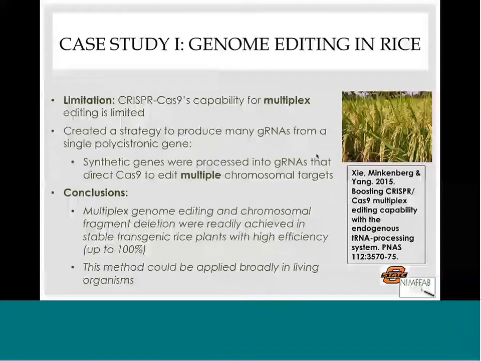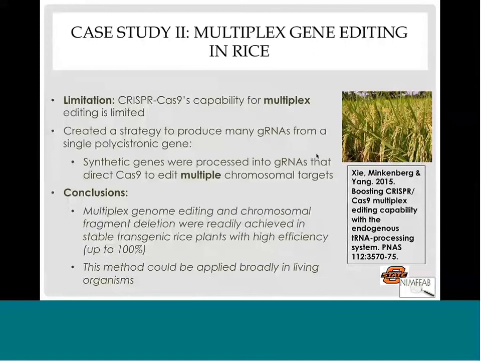In a follow-on study in the same lab, they were addressing the limitations of CRISPR-Cas for multiplex editing, and they created a strategy by which they could produce many gRNAs from a single gene. And these synthetic genes were processed into gRNAs that could edit multiple chromosomal targets at the same time.